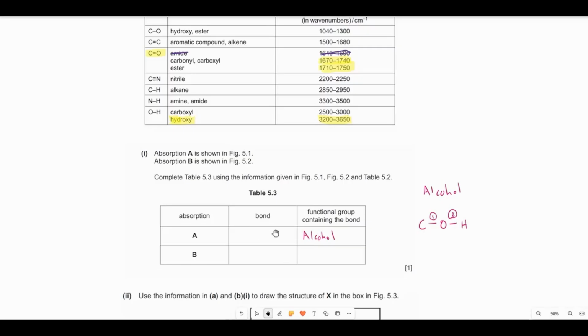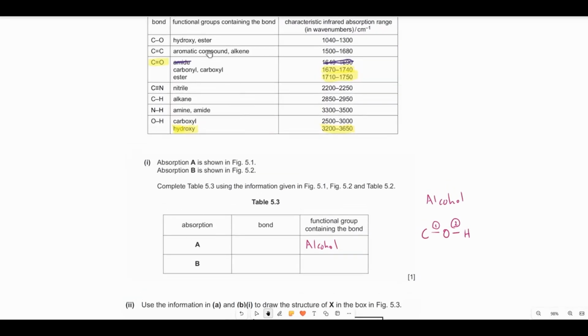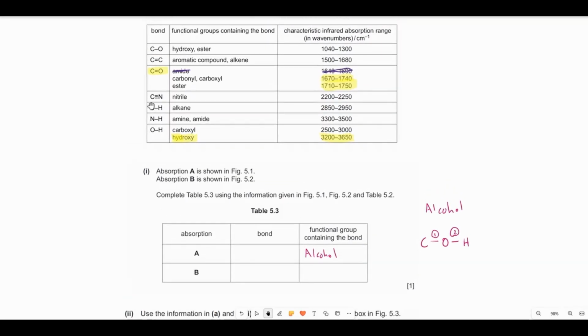Also, if you're confused as to what bond means, look at your chart. The title of this column is bond, so that's what we put here. Now, we could put hydroxy here and you will still get the right answer. You will get the right answer if you put alcohol as well, however. So this bond right here is the OH bond.